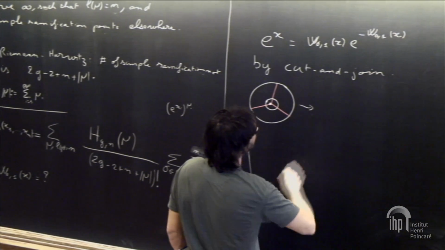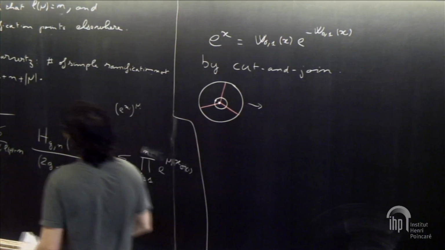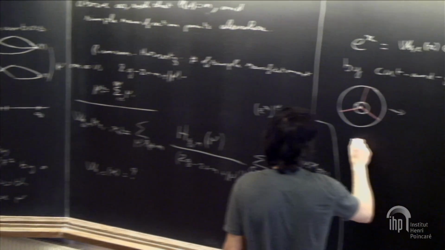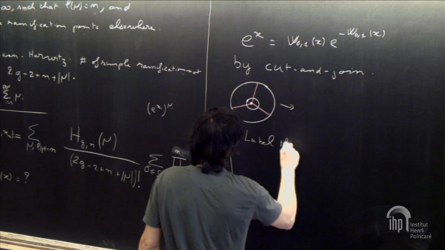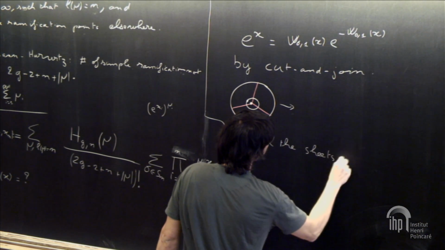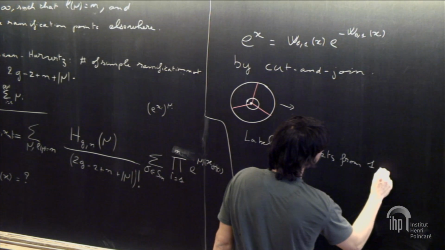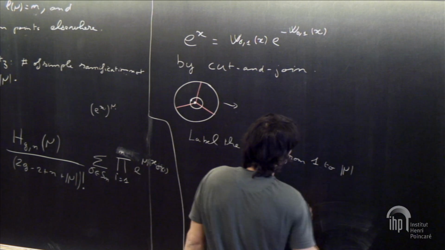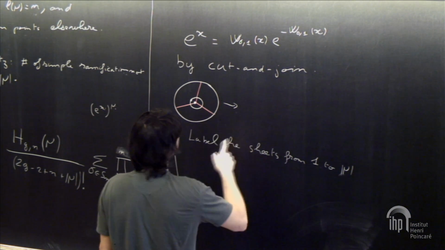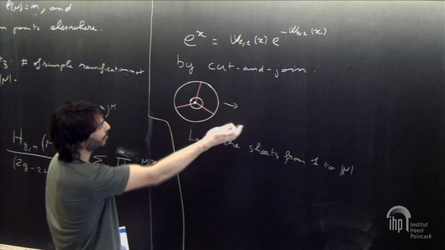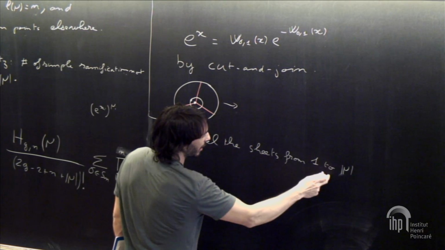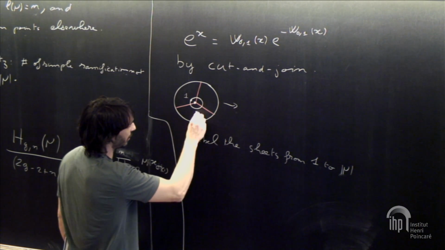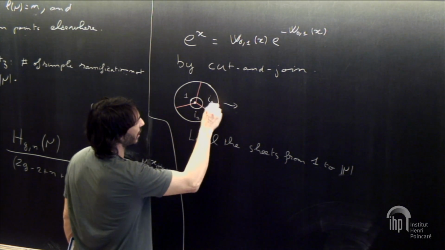Now you can associate to that a permutation. If you label the different sheets of your cover from 1 to the degree of your map, which is equal to the degree of mu, then this can be mapped to a permutation of length 3 in this set, saying that I start from the sheet 1, then I go to another sheet which is i1, and another one which is i2.